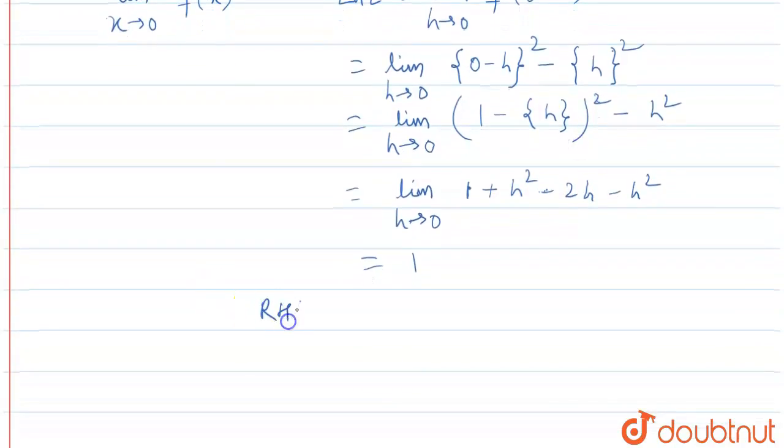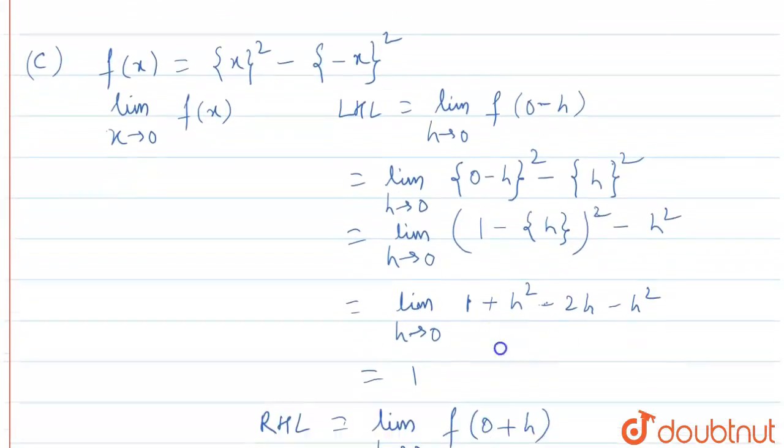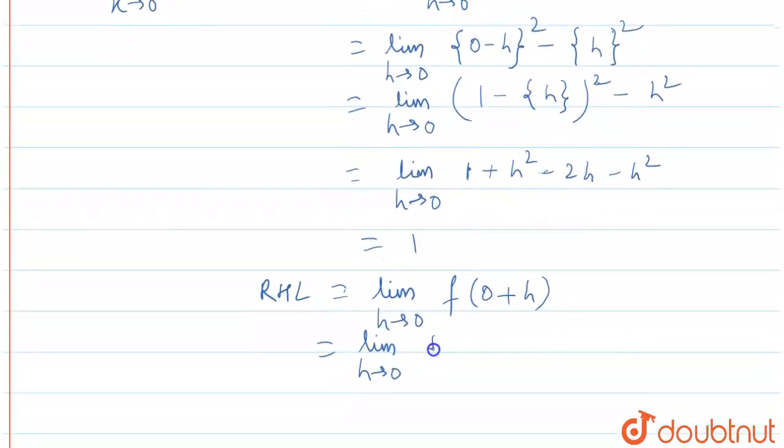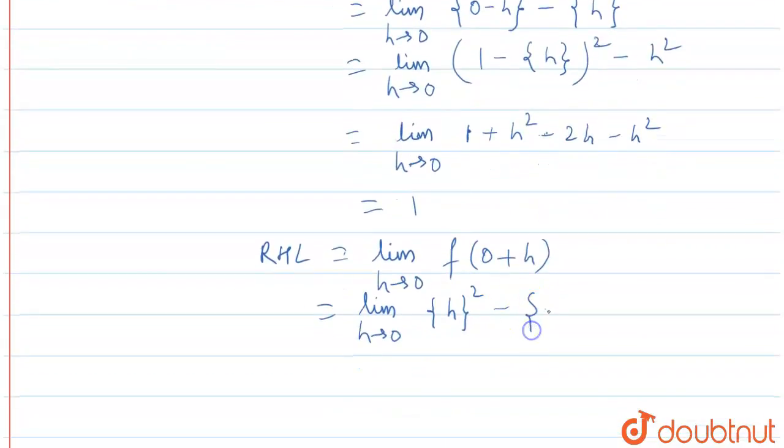Now coming to RHL part, here we have limit h tends to 0 f of 0 plus h. Just substitute these values. So we have fractional part of h square minus fractional part of minus h whole square.